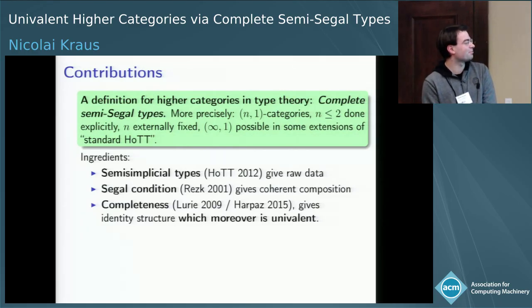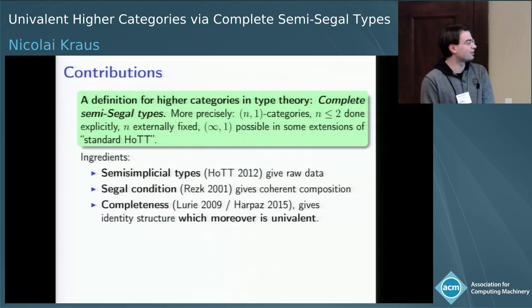And this was in a very different context, right? These were Segal spaces and outside of type theory, but we can just translate exactly the same thing into type theory and observe that it works pretty well. And the Segal condition gives us coherent composition. So by coherent composition, I mean composition together with associativity, together with the pentagon law, together with the associator for the pentagon, and so on.